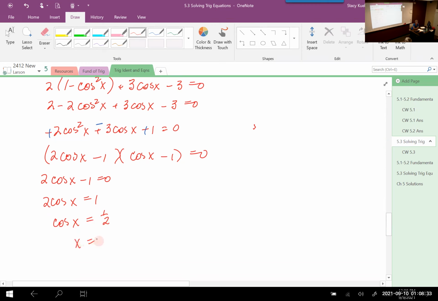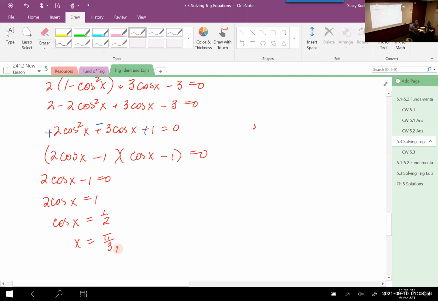Cosine is positive in which 2 quadrants? 1 and 4. That's right. So what angle, when I take the cosine of it, do I get 1/2? In the first quadrant, that's going to be pi over 3.